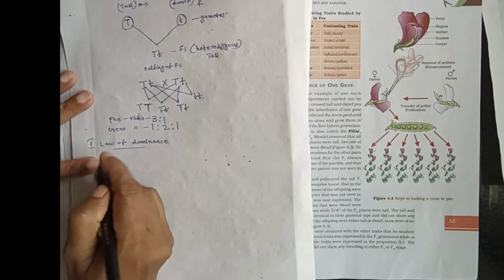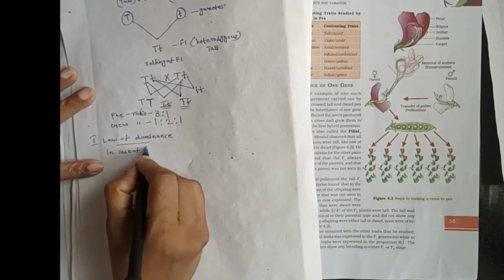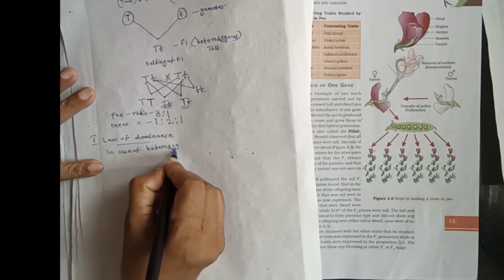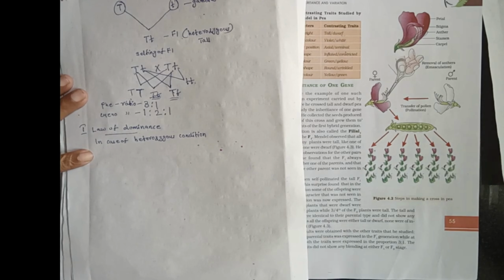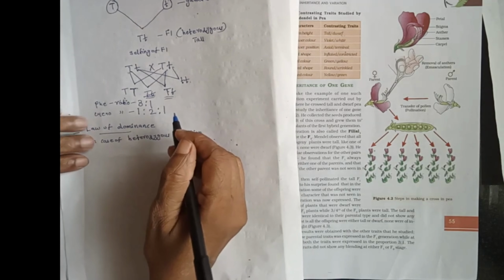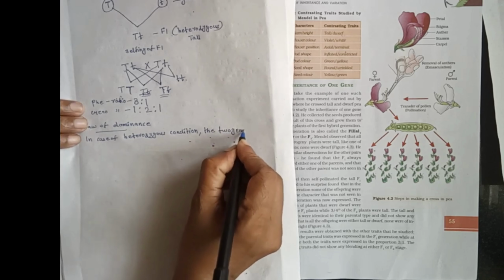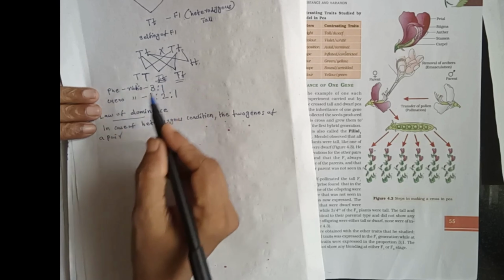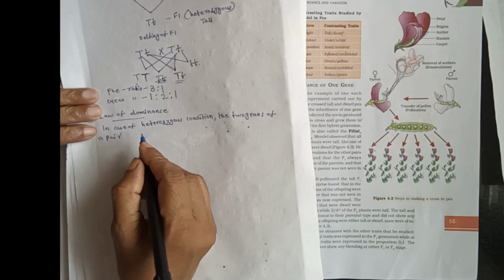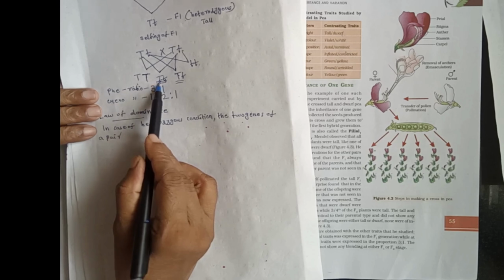In the case of heterozygous condition, the two genes of a pair represent contrasting characters, that is tallness and dwarfness.